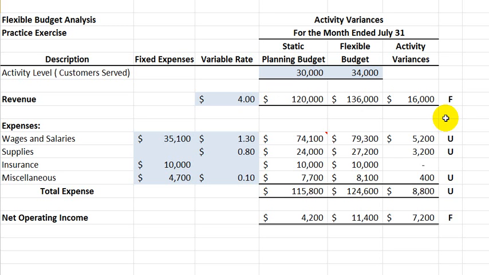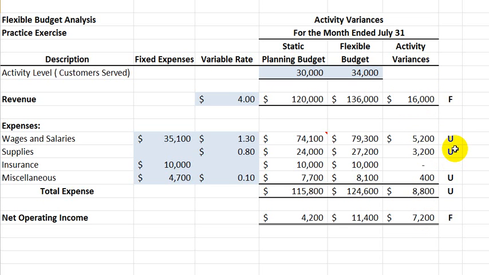Now I mentioned that the company only had $134,000, so that indicates that they did not generate revenue at the $4 level per customer, or they would have gotten a little bit more revenue. Once we determine the activity variances, we'd then be able to move on to a further analysis to generate revenue and spending variances for each of these items as well. But here we have a revenue that's favorable.